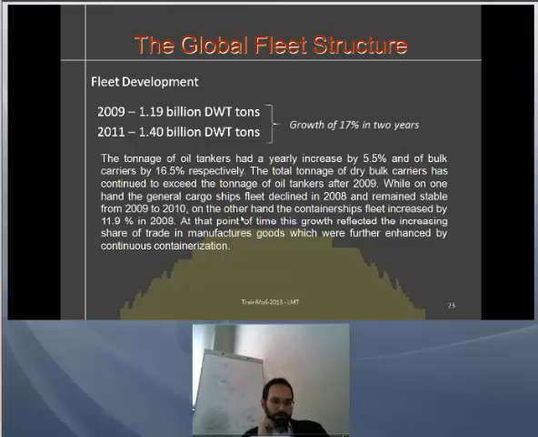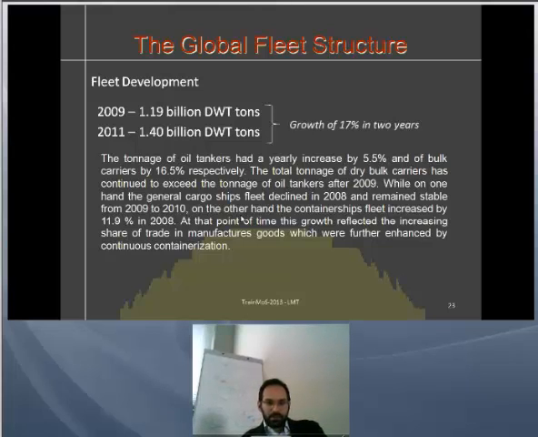Oil tankers had a yearly increase of 5.5%, while bulk carriers had an increase of 16.5% respectively. And the tonnage of dry bulk carriers, due to a lot of ordering, has continued to exceed the tonnage of oil tankers after 2009.